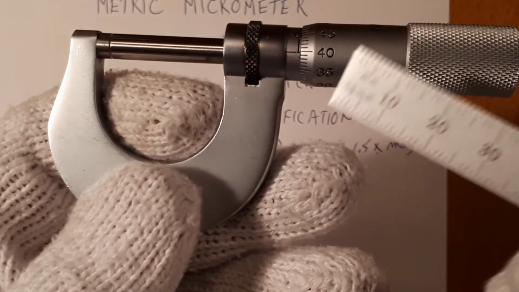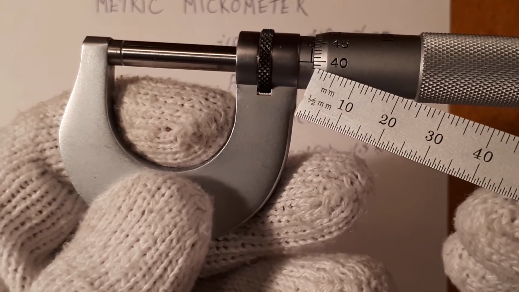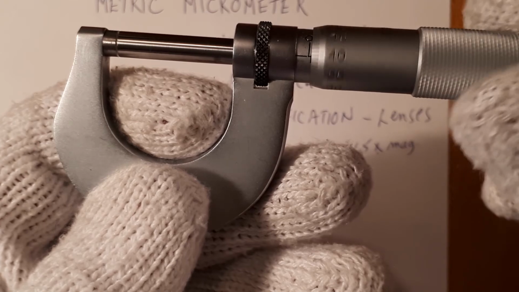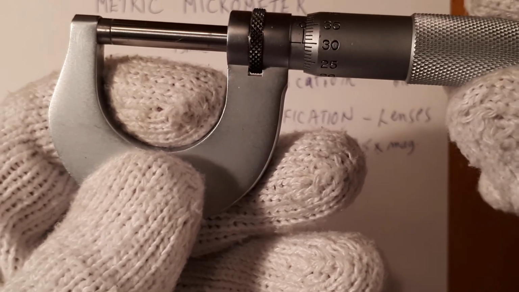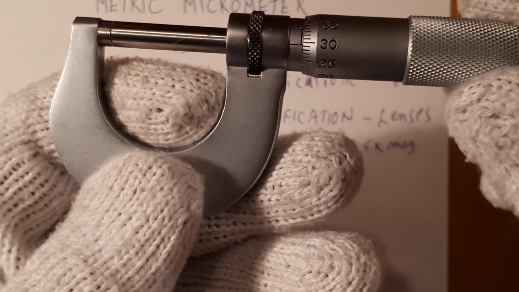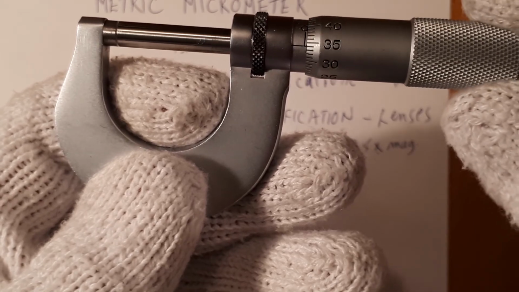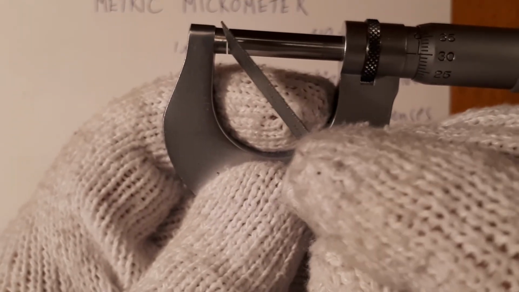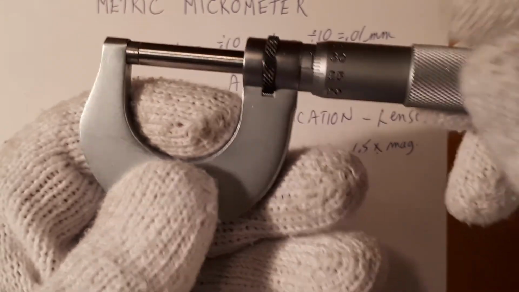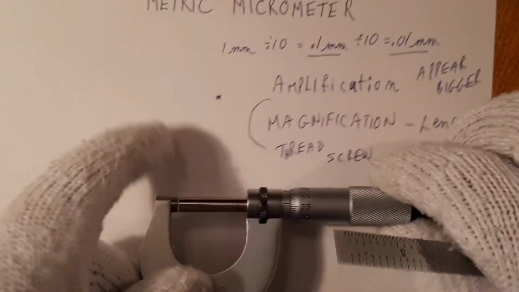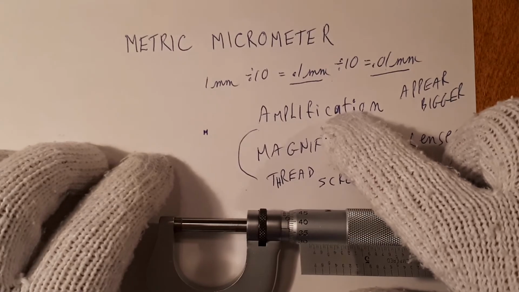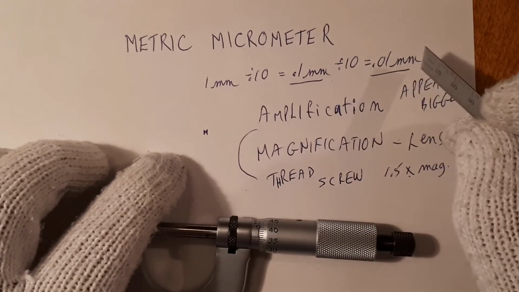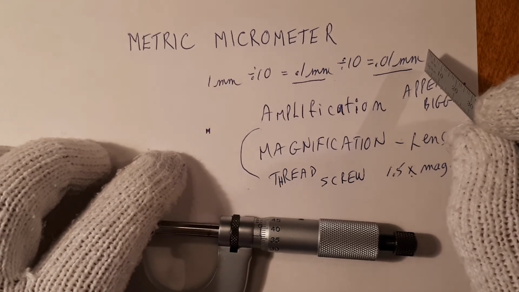And each one of these lines represents 0.01, and the distance between, let's say, the 30 and the 40, this is 0.3 to 0.4, is a distance of 0.1 millimeters. So this micrometer will allow us, via amplification, to measure items as low as 0.1 millimeters and further down to 0.01 millimeters.